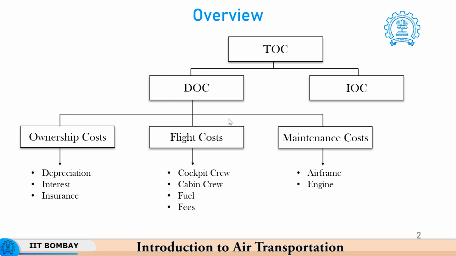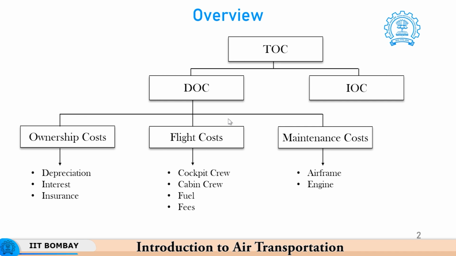So, we are going to focus mainly on the direct operating cost, because that is the cost about which we can talk with more confidence, that is related to the technical side of the operation of the aircraft. The IOC is a function of the business side of the airline.